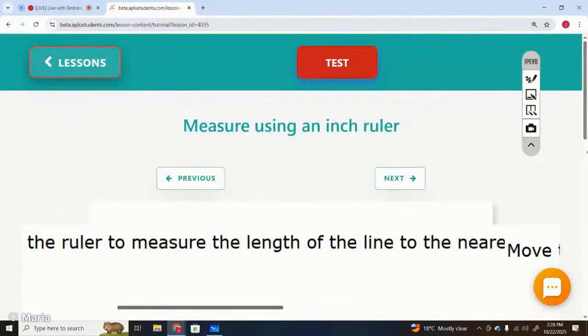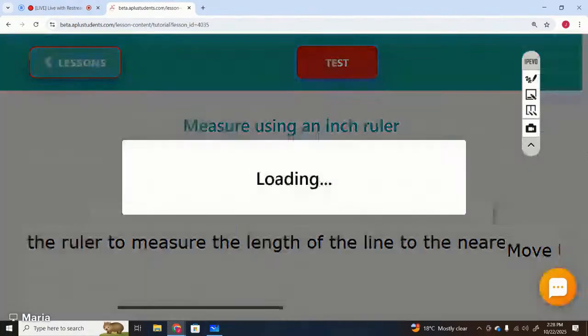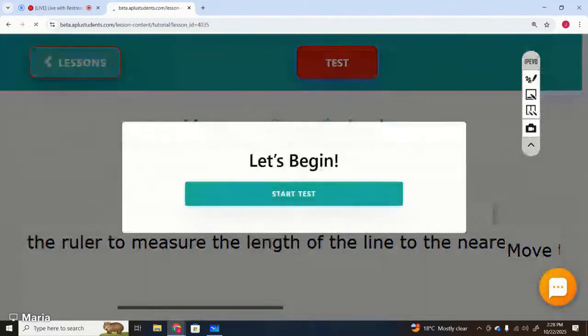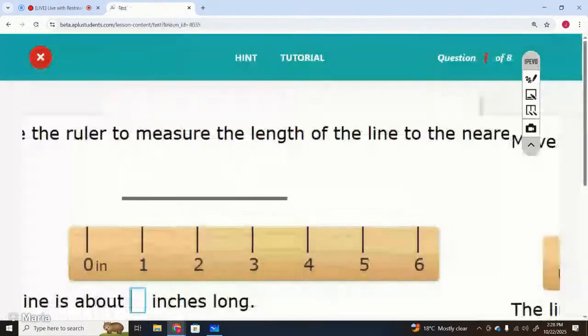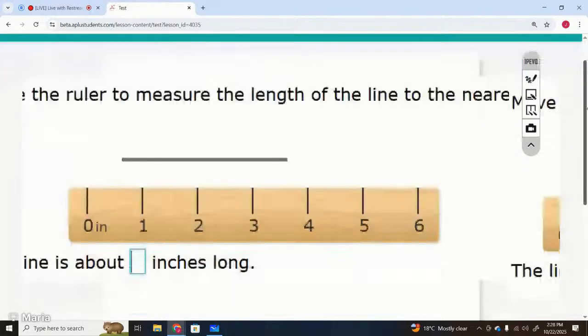Let's just start with the test questions. Use the ruler to measure the length of the line to the nearest inch.